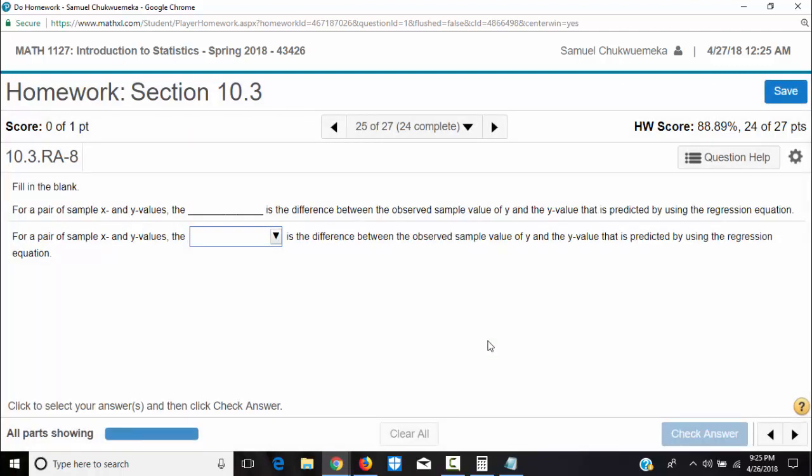For a pair of sample x and y values, the dash is the difference between the observed sample value of y and the y value that is predicted by using the regression equation. That's residual. Residual is the observed y minus predicted y.